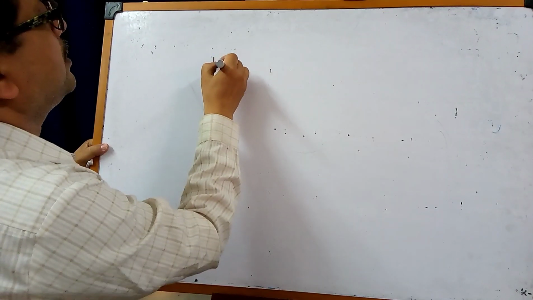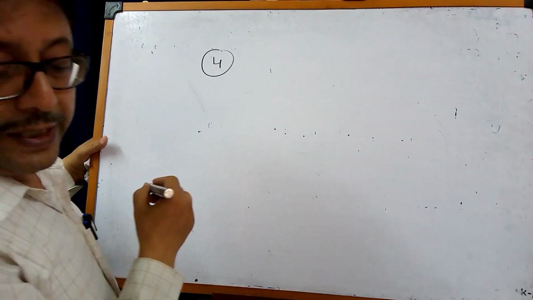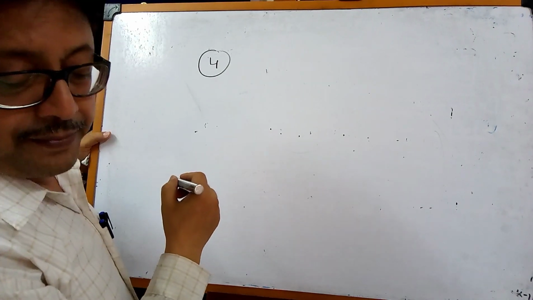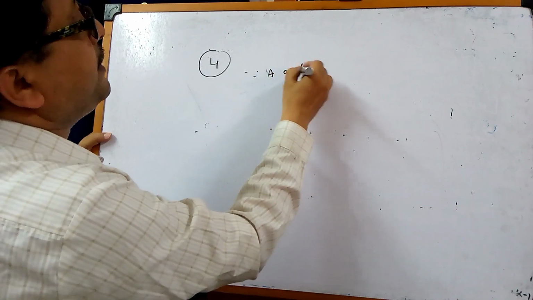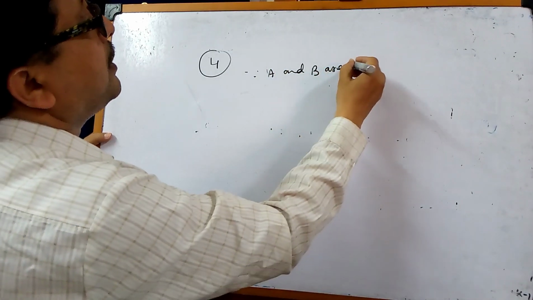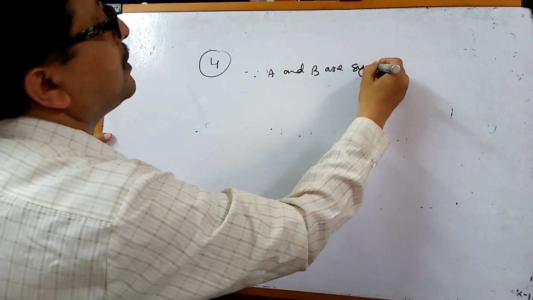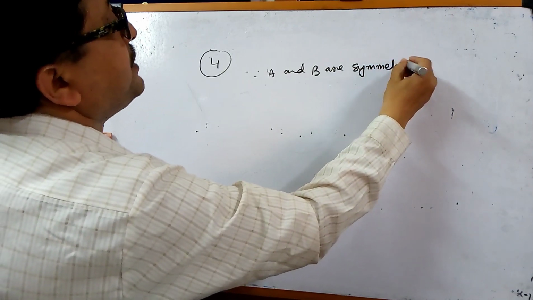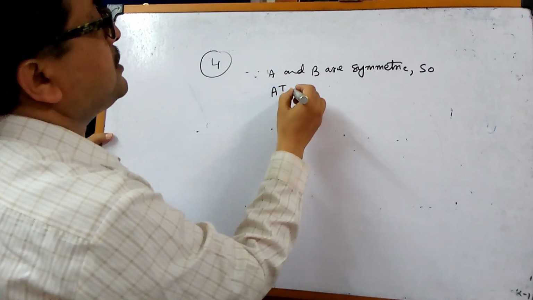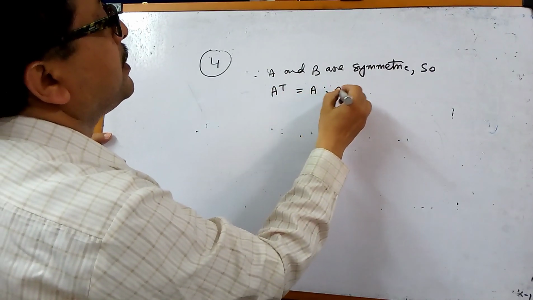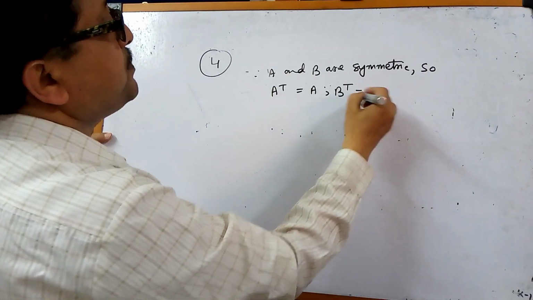Since A and B are symmetric, by definition we get A transpose equal to A and B transpose equal to B.